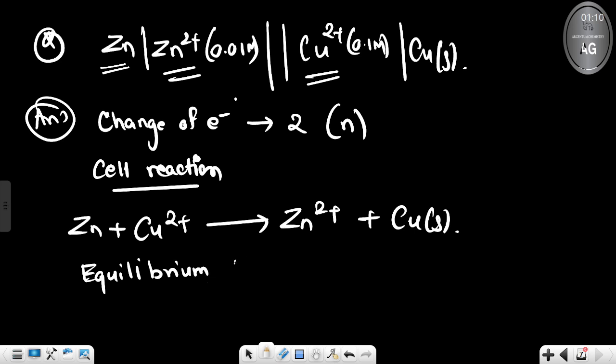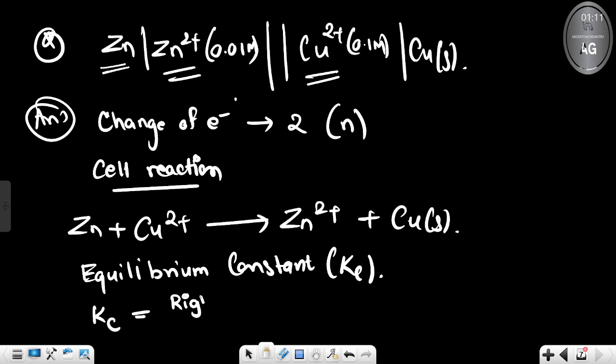Equilibrium constant, that is Kc. How to find out the equilibrium constant? That is Kc. So remember in class 11 we have done, to find out the Kc you need to take up the right side. Always remember, this is very easy to remember also. Right side upon left side. Concentration of the products divided by concentration of the reactants.